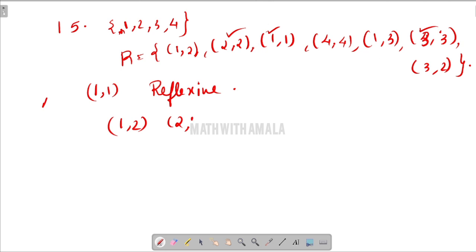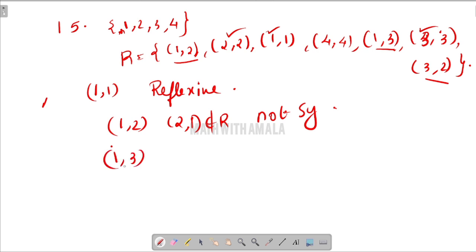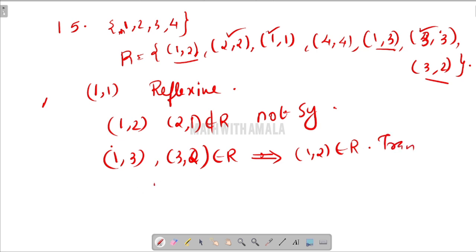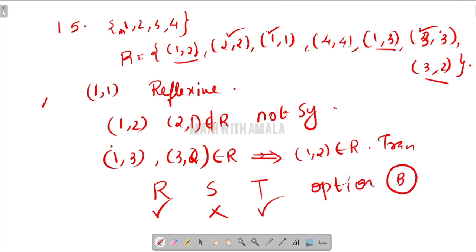Next, (1,2) is there and (2,1) is not there. Hence it is not symmetric. Let's take another pair: (1,3), (3,2), and (1,2) is there, which means it is transitive. Hence this relation is reflexive and transitive but not symmetric. Hence we can choose option B.